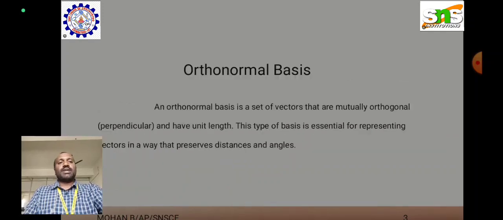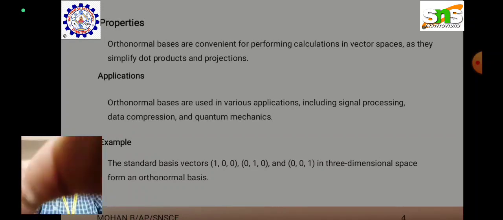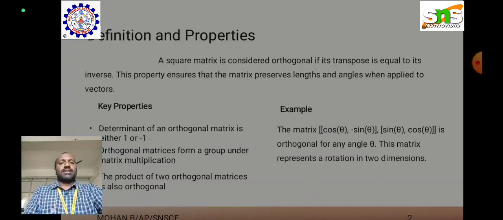Every key point here is very important. The determinant of an orthogonal matrix is either 1 or minus 1.